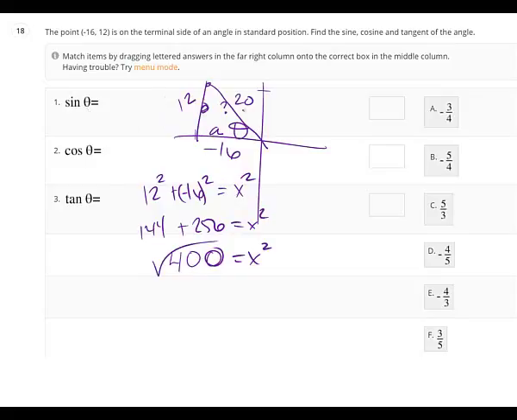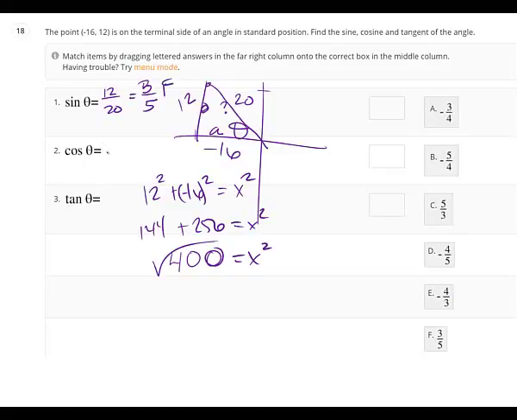Alright, so now let's do our sine, our cosine, and our tangent based on that. So what's the sine of that triangle? 12 over 20. What does that reduce to, though? 3 over 5? Okay. Alright, which is one of our choices, isn't it? 3 over 5 is F. Okay, the cosine, yours might be in a different order, right? Because it probably scrambled it.